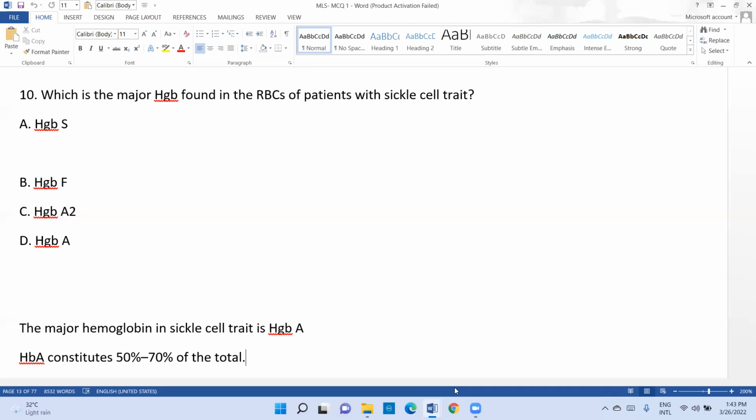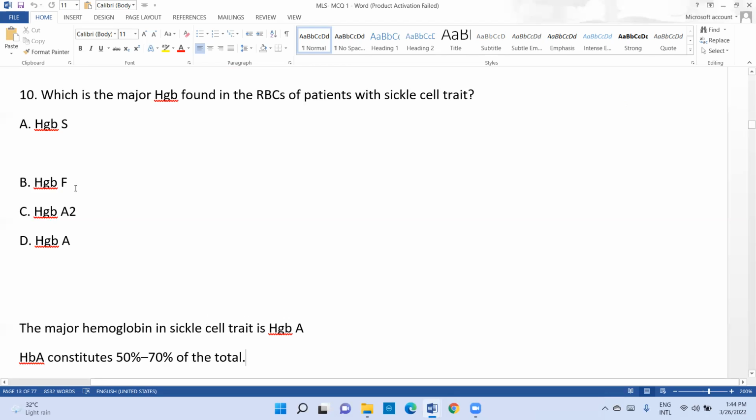Now, in sickle cell trait, most of the hemoglobin is hemoglobin A, because there is one normal beta chain and one abnormal, that is sickle beta chain. So hemoglobin A is the major hemoglobin there.